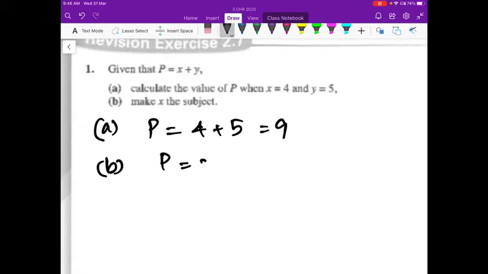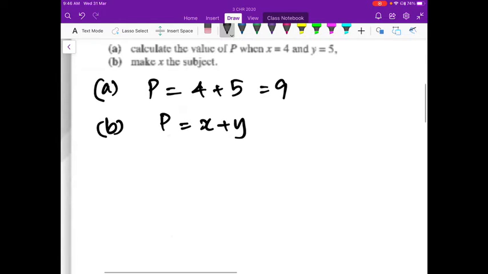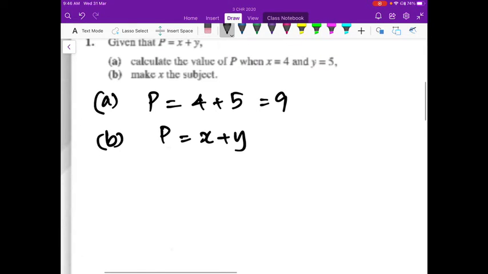Make x the subject. I want x equals to something. So what is x equal to? What's x equal to? No, okay, make x the subject. So instead of x having a value of 4, I want, in the end, x equals to something plus or minus something.